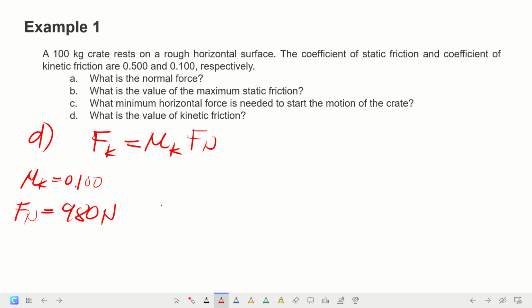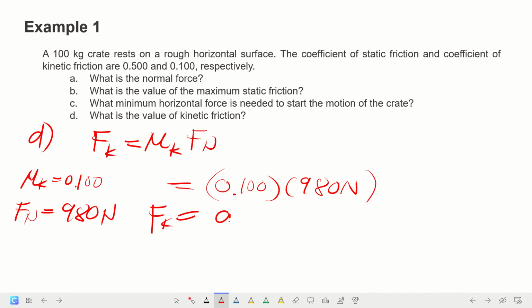So the kinetic friction is 980 times 0.1, which is 98. So F of K is equal to 98 Newton. So this is now the kinetic friction that is opposing our body.